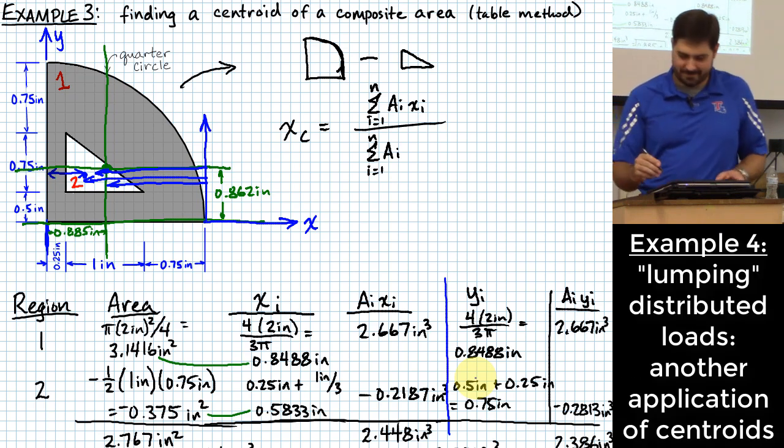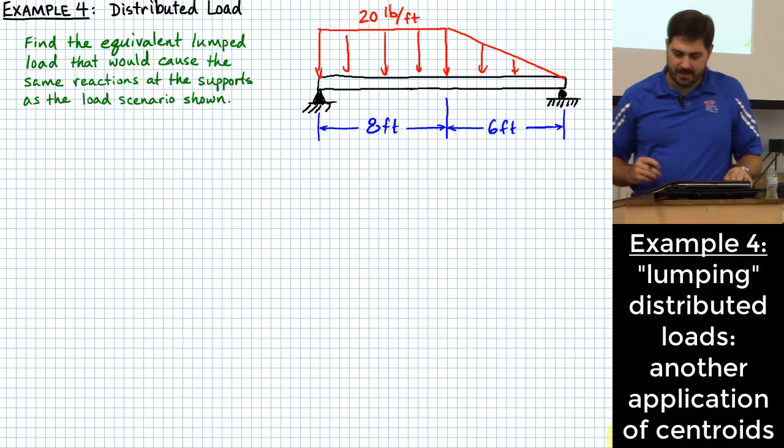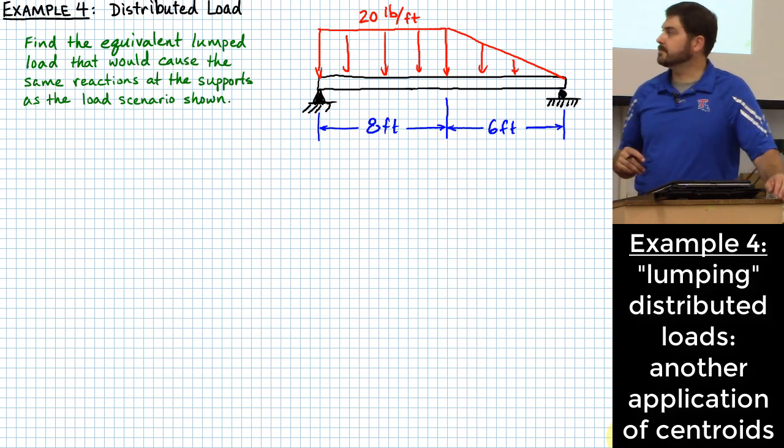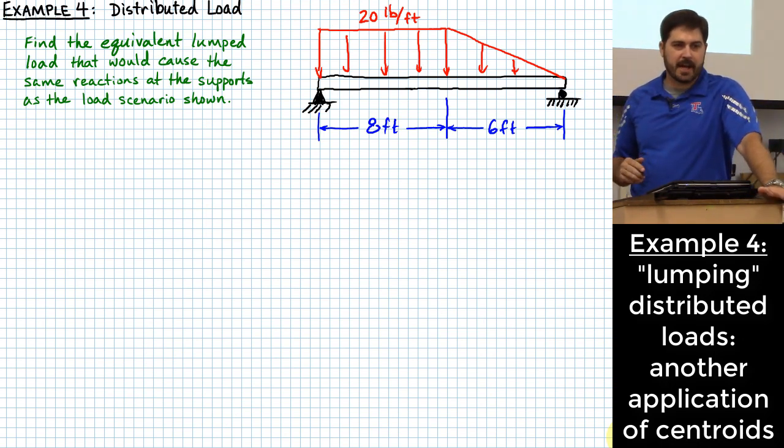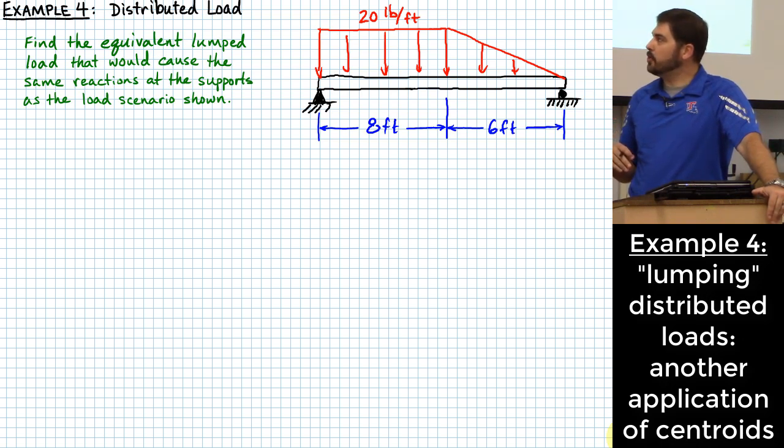All right, one other example. We excited? All right, we talked about distributed loads, I think, last time. Okay? And whenever we're trying to figure out distributed loads, the thing you need to know is that this basically is another application for the question of centroids, right?